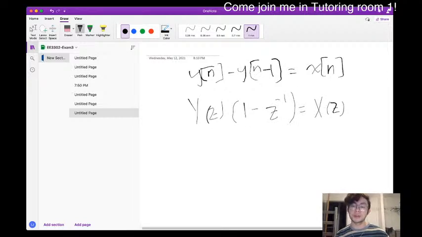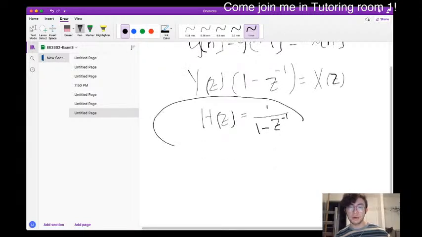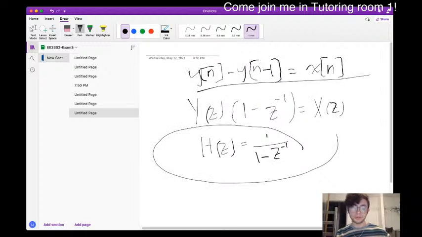We get H(z) is equal to, if we just divide by this term on both sides, 1 over 1 minus z to the minus 1. And now this is our system for this difference equation.